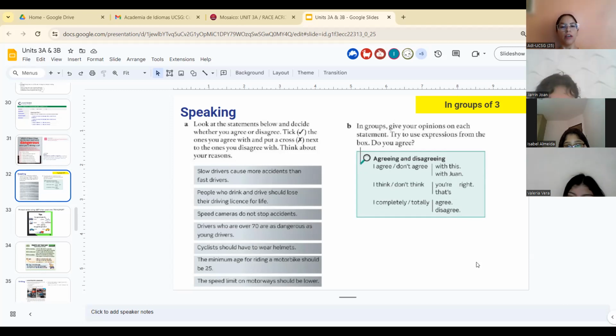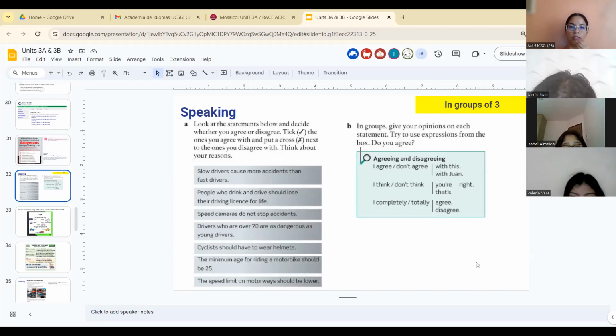People who drink and drive should lose their driving license for life. I don't think that's right. Why do you say that? Explain your reasons. Explain yourself.